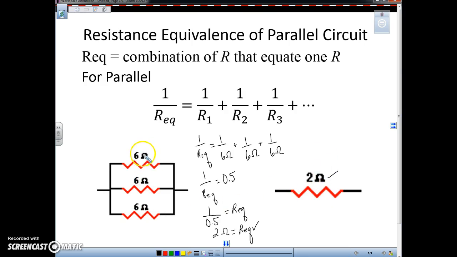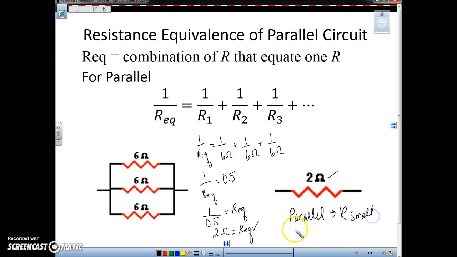Anytime you have a circuit with parallel resistors, you're always going to get smaller. So with parallel, your R's are small.